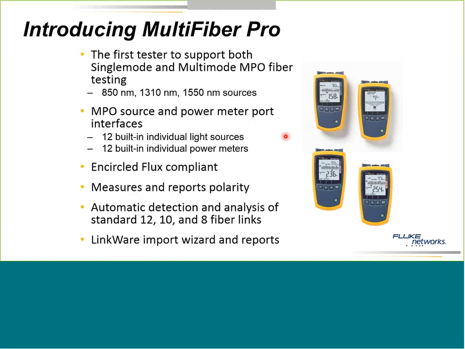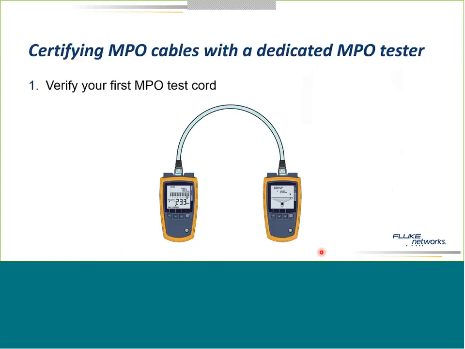Getting it done quickly doesn't mean bypassing steps like verifying that the cables weren't broken in shipment, and the Multifiber Pro allows you to quickly verify the loss and the polarity of your MPO trunk cables before you install them. Now we can save the test results with that and send it up to Linkware to store them.